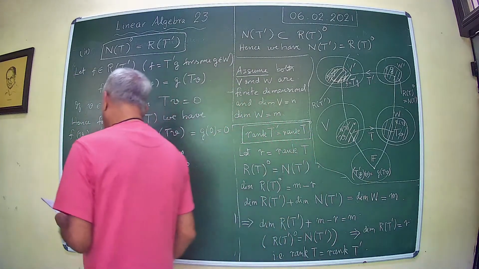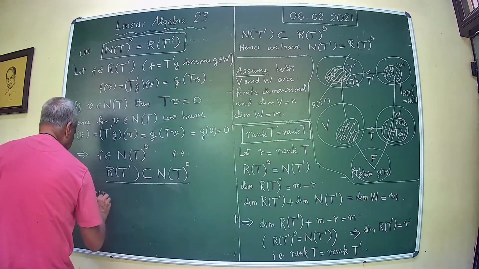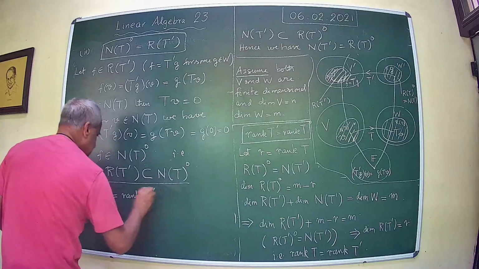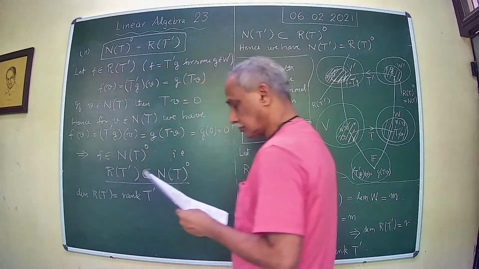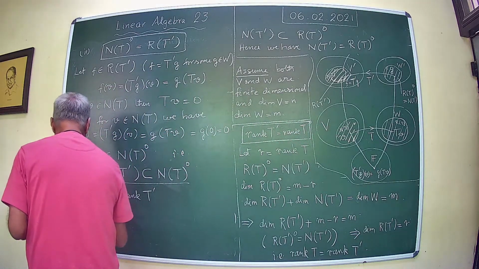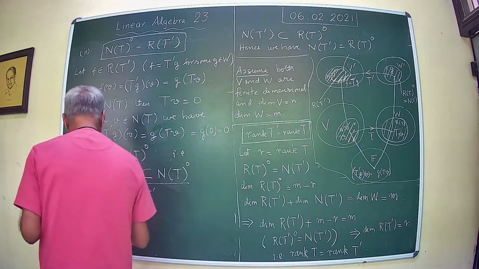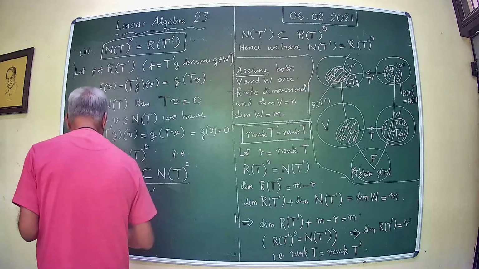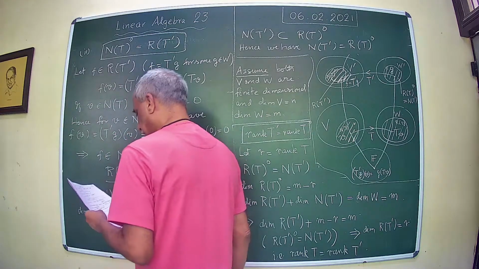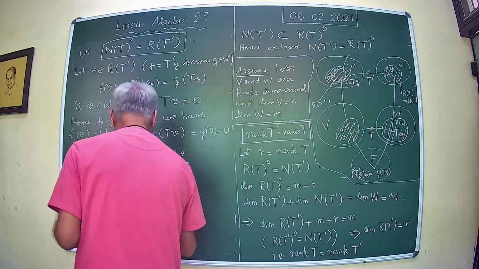So you make the following observation. Dimension of RT prime is equal to rank of T prime. This is simply the definition. And dimension of NT annihilator is equal to n minus the dimension of NT.